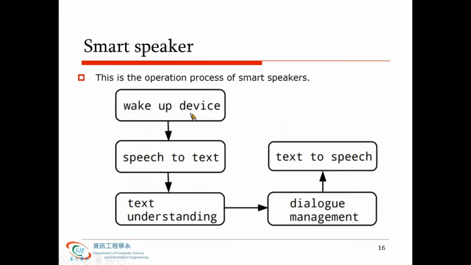First is to wake up the device, like "Hi Google." Second is to convert user speech to text. The next is the dialogue management. In the end, output the understood text into speech.